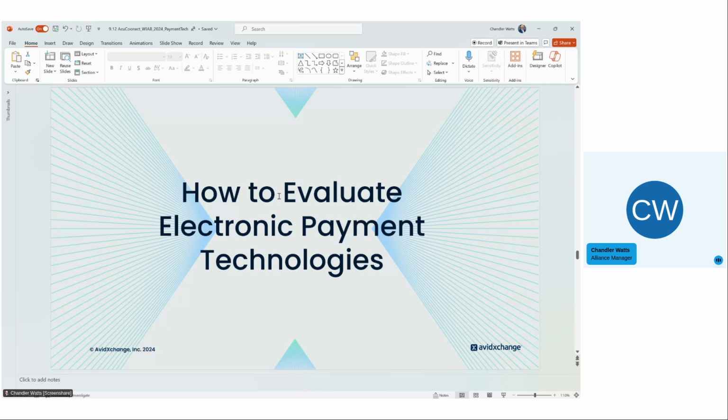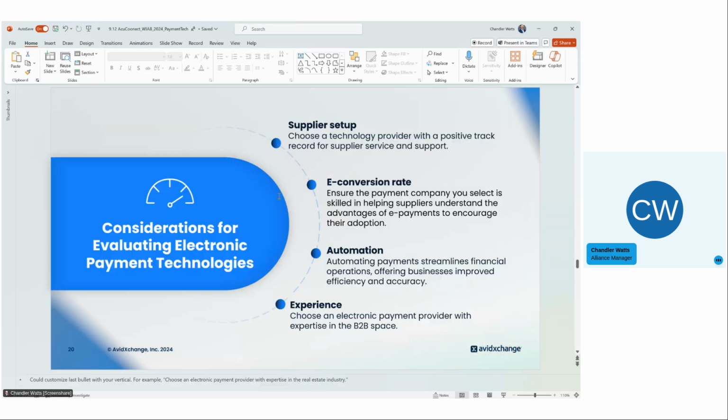So, how do you evaluate your electronic payment technologies? First things first is supplier setup. You're going to want to use a technology provider with a positive track record in supplier service and support. Then we're going to want to know about the e-conversion rate: at what rate are we actually changing folks over from a paper check, and helping them understand the advantages of e-payments inside their adoption.